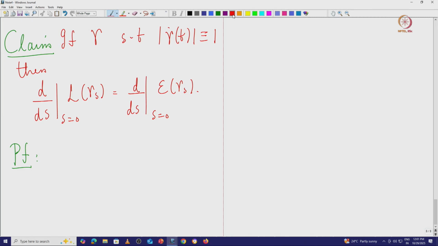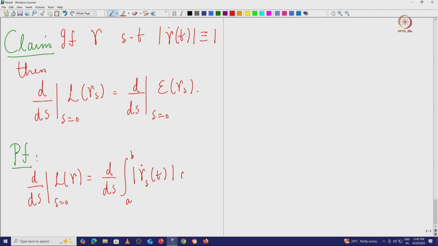So remember the definition of the length functional. So d by ds of the length functional is simply d by ds of the integral from a to b of the speeds, right.